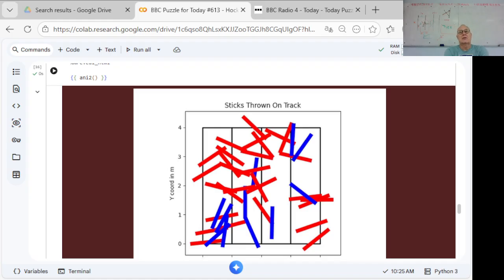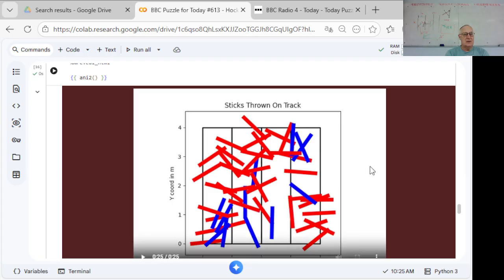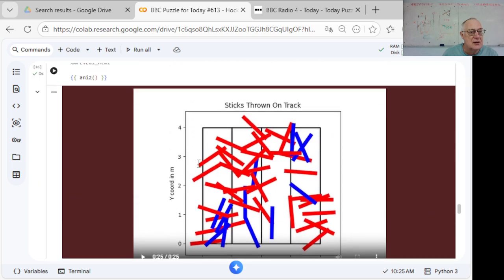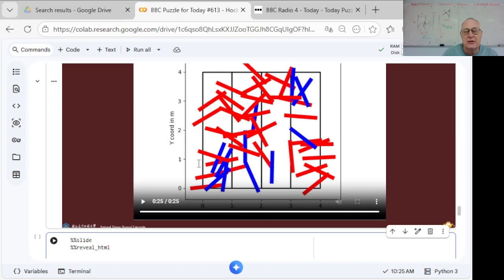So it's just going to throw a whole bunch of sticks now, and it's going to be colored depending on whether they cross the line. So that gives us an idea now, a better idea of how to solve that particular problem, because we can sort of visualize it, which is very nice.